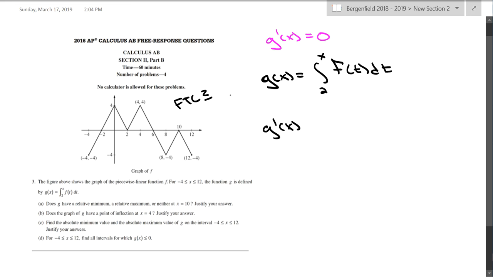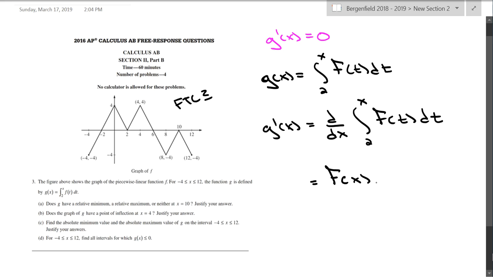Okay, let's see, that's d/dx of the integral from 2 to x of f of t dt, where t is the dummy variable, is what we call it. And FTC just says the derivative and the integral cancel each other, and I just have to plug in the top limit, which is f of x. So therefore we know that g prime of x is equal to f of x.